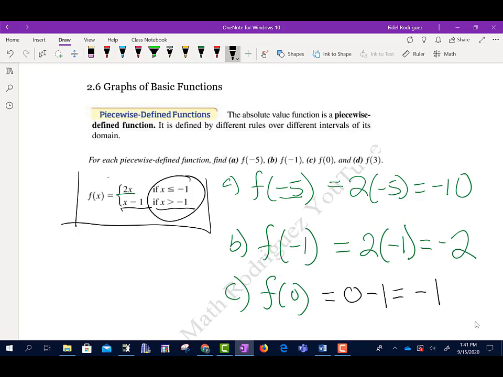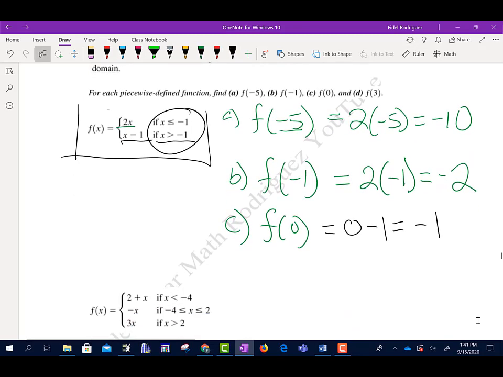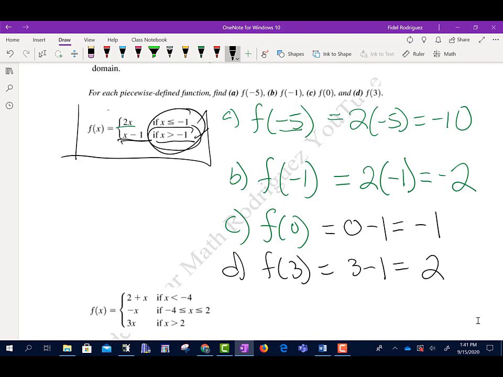And then there is a part D, and D says, let's find f of 3. Is 3 smaller than or equal to -1, or bigger than -1? Well, it's bigger than -1. So I'm going to use this part of the function again. 3 minus 1 is 2.